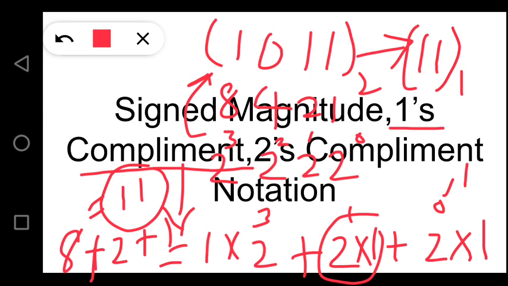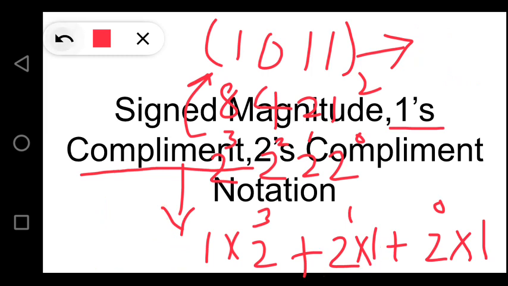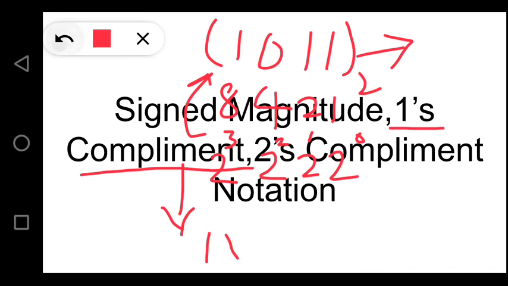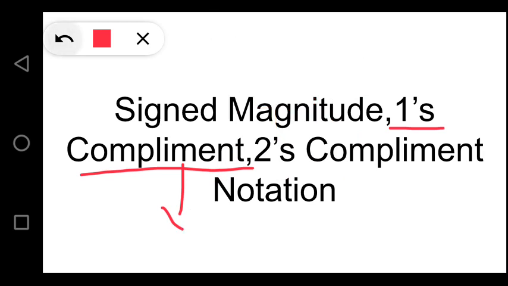I hope you understand this concept. Let me repeat once again, because it is very important to understand these conversions. In the previous slide, we just discussed how to convert a given decimal number into its equivalent binary value.